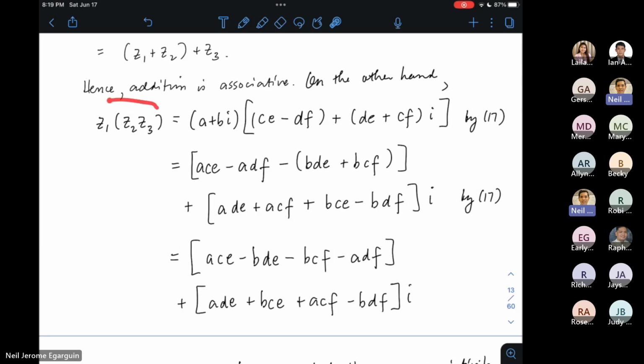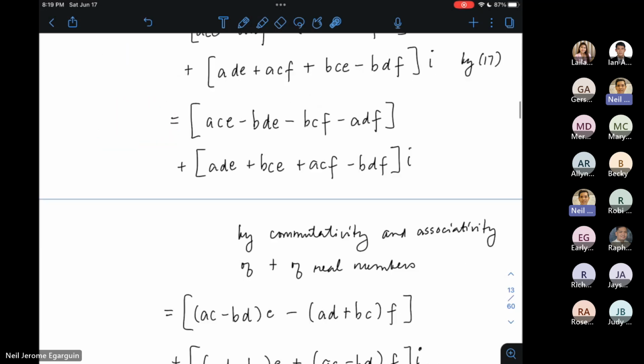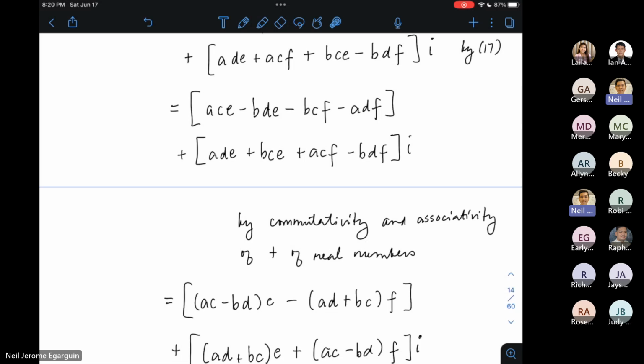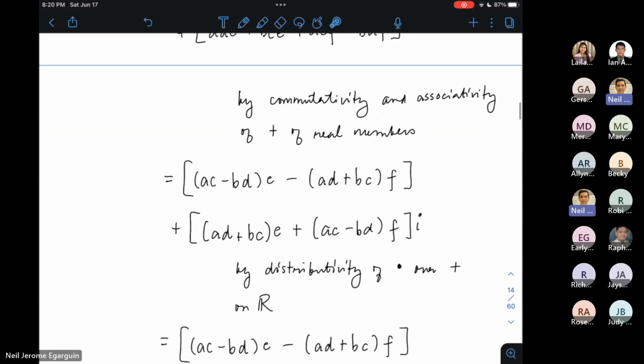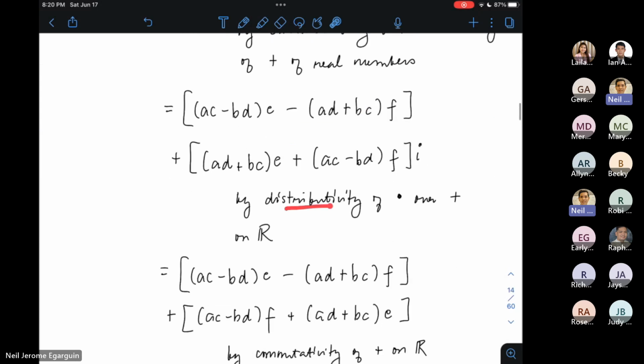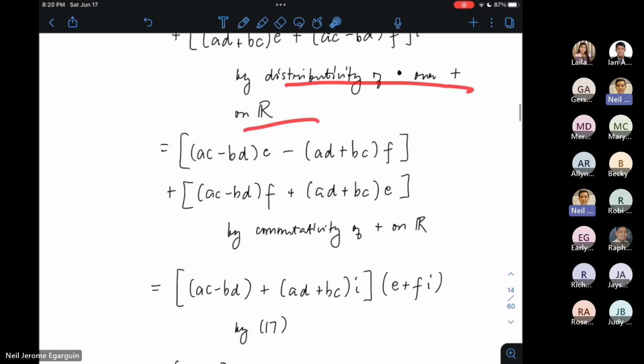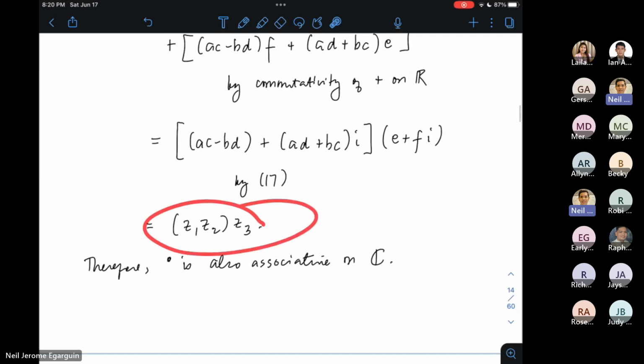But I started here at Z1 times the quantity Z2 plus Z3. I tried to simplify it. Ito yung naging final answer niya. And then I use some properties of commutativity and associativity of addition of real numbers, and then distributivity played a role in here until I come up with Z1 times quantity Z1 times Z2 times Z3 to show associativity.